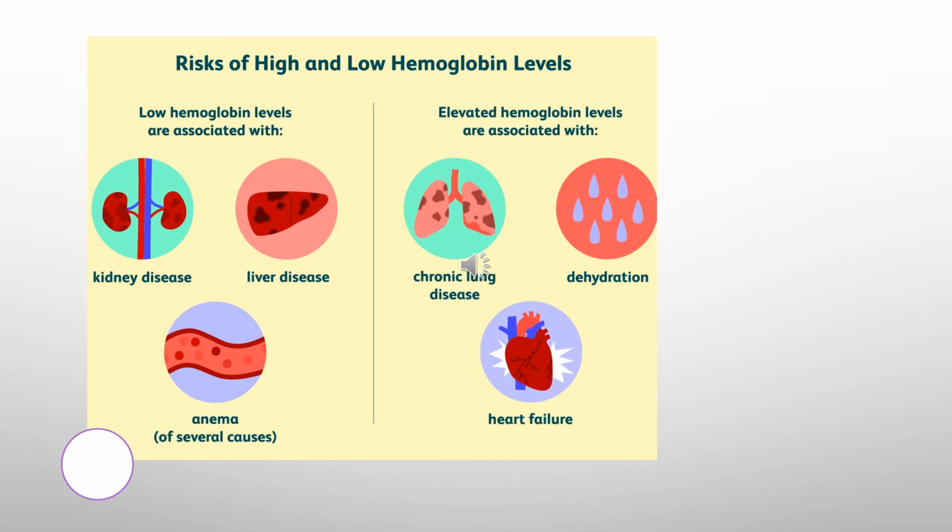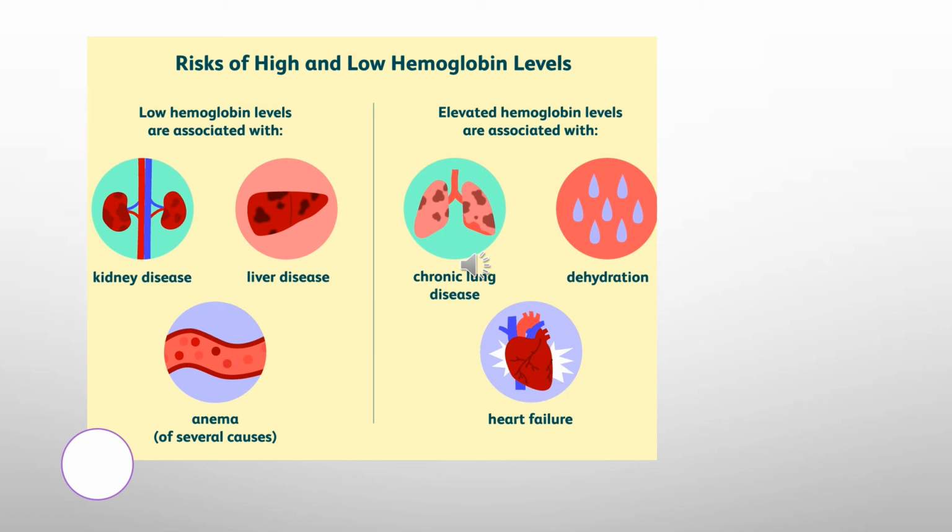Let's see what the risk of a high or low hemoglobin level in the blood is. If the level of hemoglobin is less than the normal range, then that person will suffer from various types of diseases, such as the kidney getting affected. That person may have a disease related to the liver. Deficiency of hemoglobin or deficiency of RBC will cause anemia.